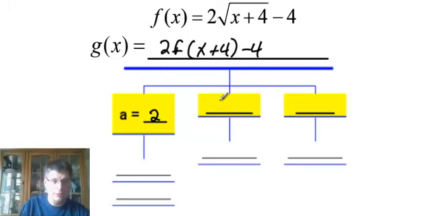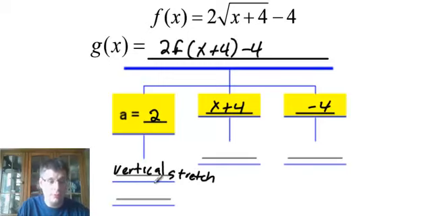So a is 2, and then the quantity is going to be x plus 4, and then minus 4. Because a is 2, that's going to be a vertical stretch. That's the one that's going to be narrower.